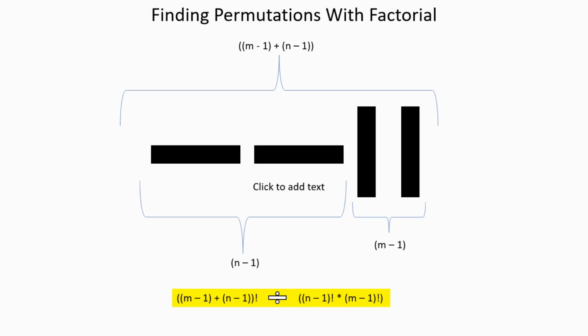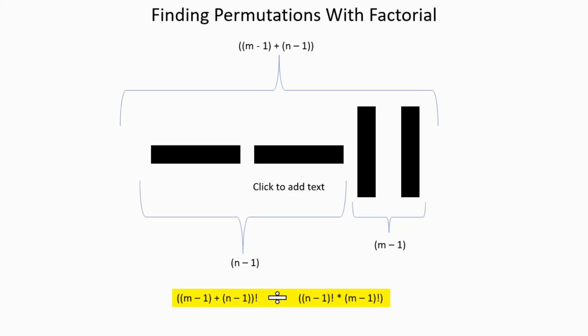So it's (m minus 1 plus n minus 1) factorial divided by the number of vertical duplicates, which is equal to n minus 1, and the number of horizontal duplicates, which is equal to m minus 1. So the formula we get as our final answer is (m minus 1 plus n minus 1) factorial, all of that divided by (n minus 1) factorial times (m minus 1) factorial.